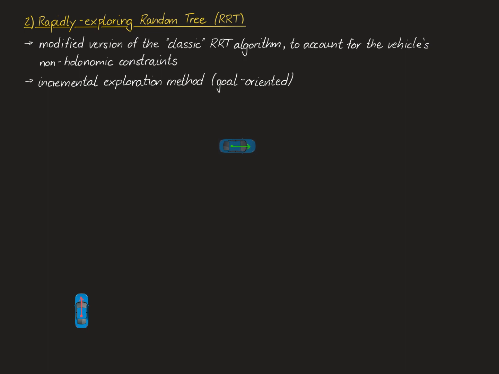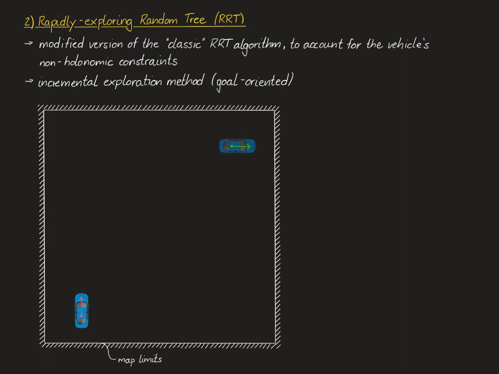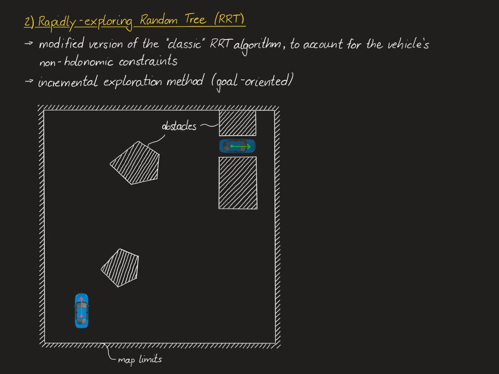The path that shall be computed between the starting configuration and the goal configuration shall be a continuous concatenation of straight lines and arcs of a given minimum radius in order to satisfy the non-holonomic constraints of the vehicle. This may remind you of the Dubin's path, since we're using the same type of motion primitives here. However, the major difference is that we consider map limits and also obstacles in the way.